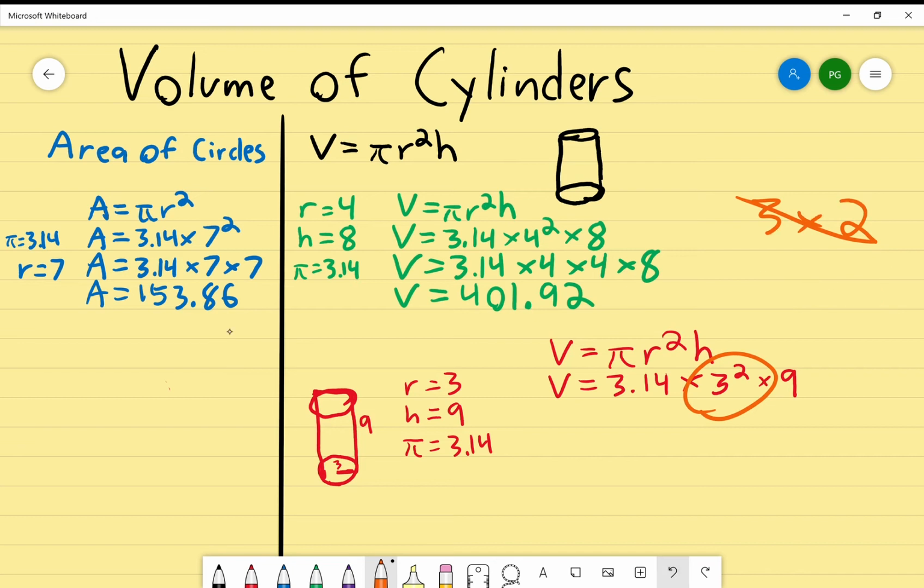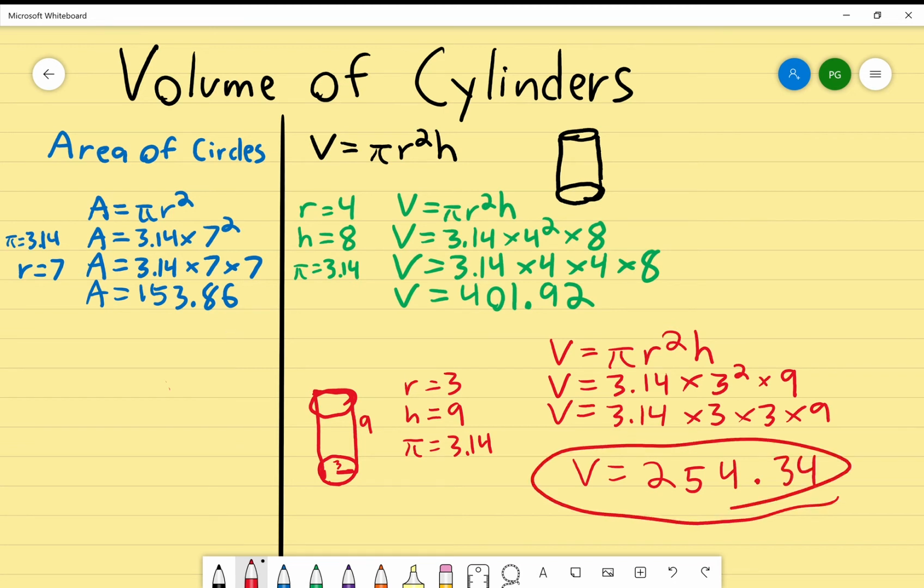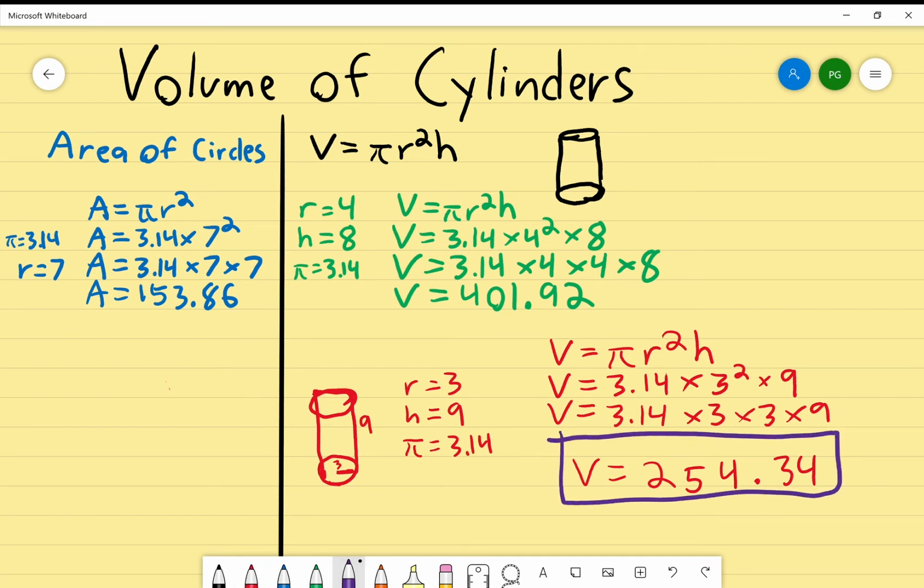Okay, let's rewrite it again one last time. Volume equals 3.14 times 3 times 3 times 9. Now let's just use the calculator. 3.14 times 3 times 3 times 9. So my final answer should be volume equals 254.34. That's my answer.